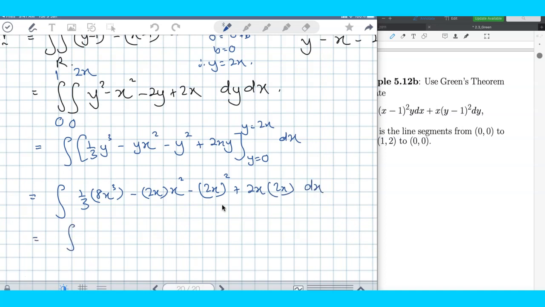When we simplify, you get 8 over 3 x cubed minus 2x cubed minus 4x squared plus 4x squared dx. So those cancel.